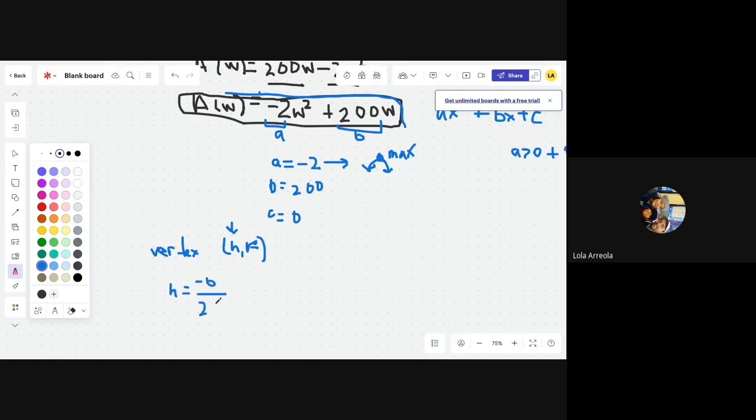Okay, so now we got to be careful how we plug in values again. I can't emphasize this enough. What I like to do before I plug in A and before I plug in B is put parentheses around those values so I don't mess them up. So H is equal to negative B over 2A.